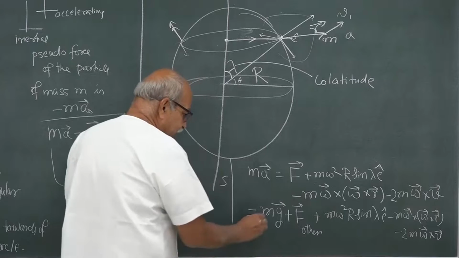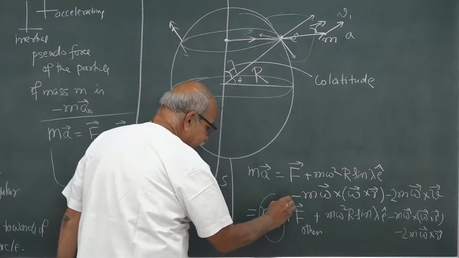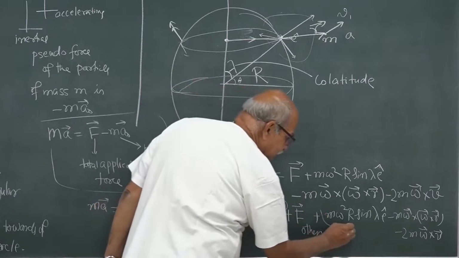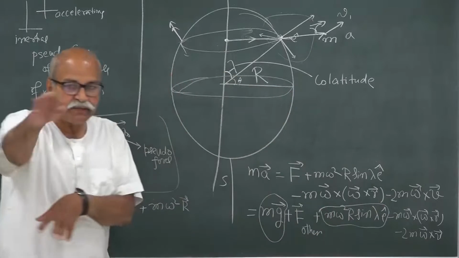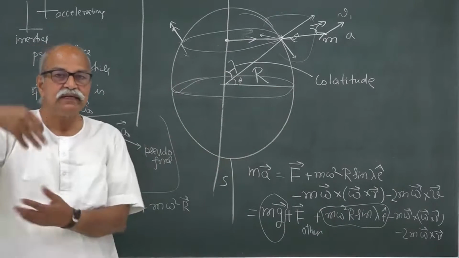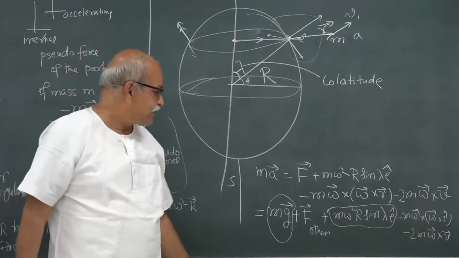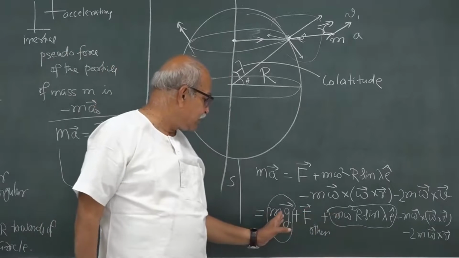What I am doing is this quantity and this quantity, this is independent of the position of the particle, velocity of the particle, acceleration of the particle, and therefore, these can be combined. You can take m out.